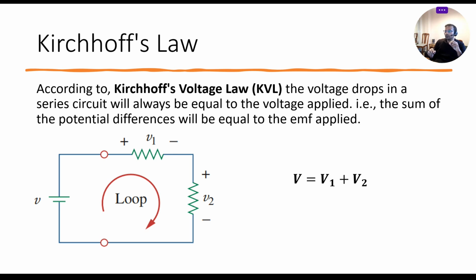So according to Kirchhoff voltage law, KVL, the voltage drops in series circuit will always be equal to the supply voltage or voltage applied. That is the sum of potential difference across the resistors connected in series will be equal to your EMF applied or your supply voltage. Okay, so supply voltage V will be equal to V1 plus V2 in series circuit, right?